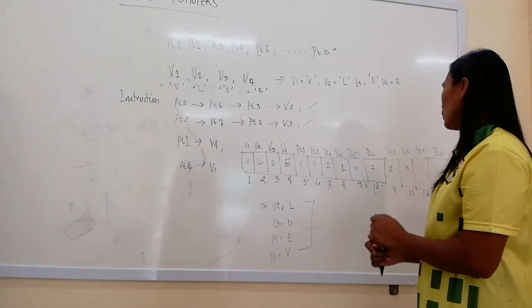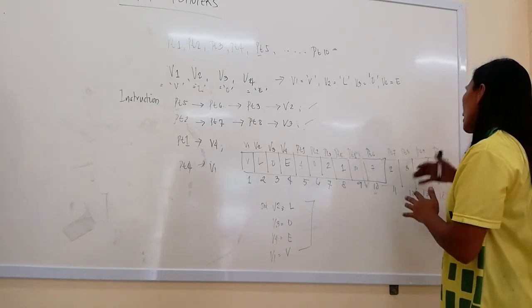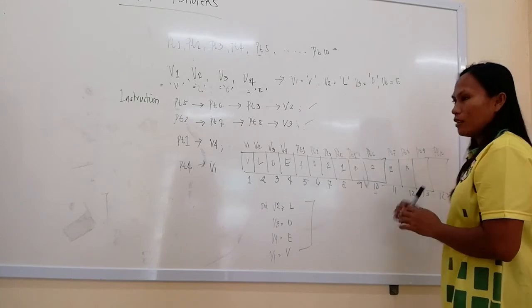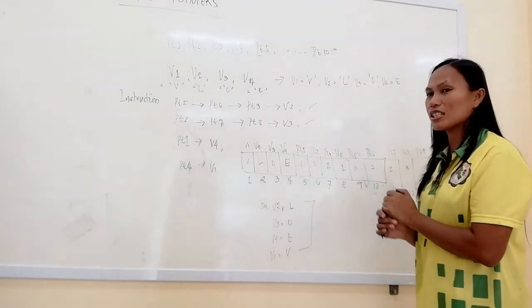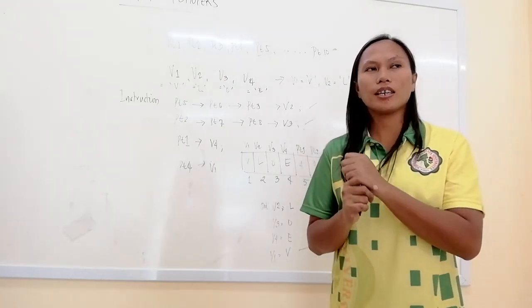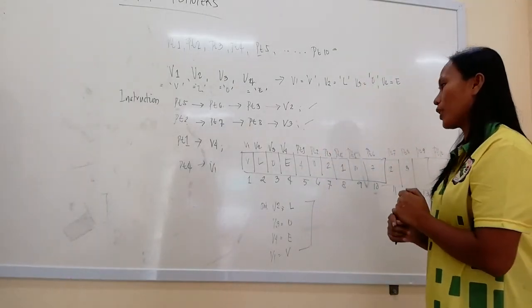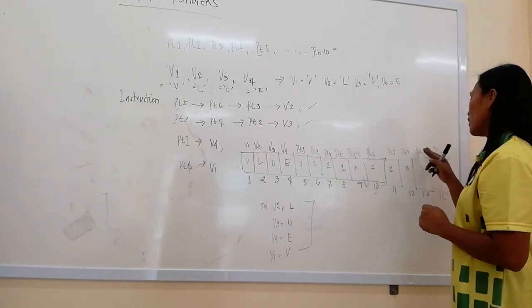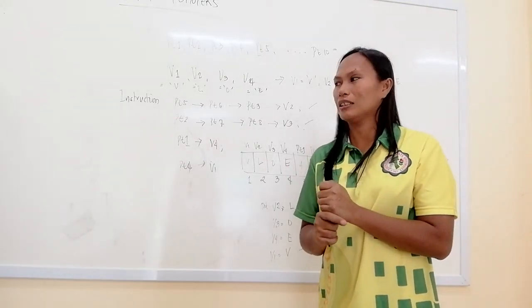Yan. So, if you have some clearer question, ma'am, why you include pointer 9, pointer 10, which is not included in the instruction? Yes, pwede po yun. Kung mag-i-initialize kayo ng pointers later on, pwede ninyong idagdag yung pointer 9 and pointer 10 kahit hindi ninyo siya gagamitin.